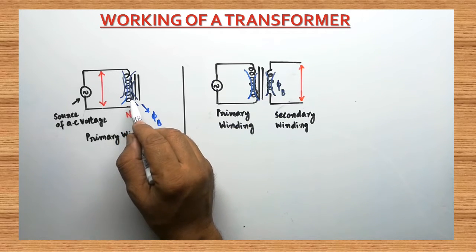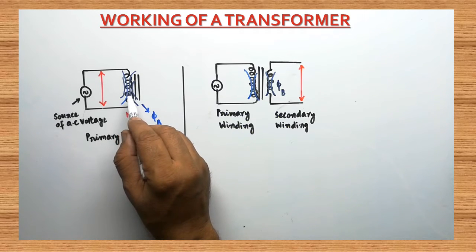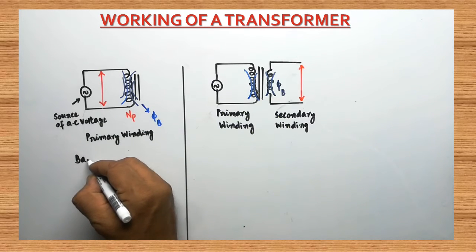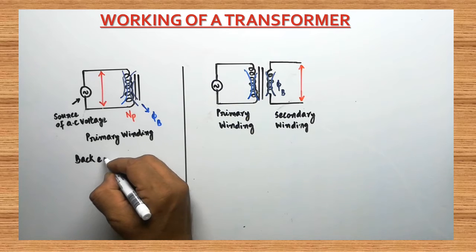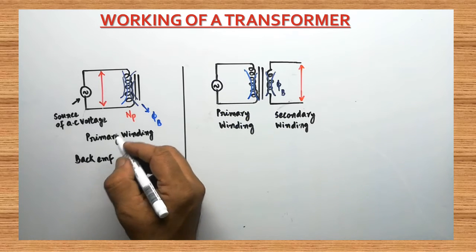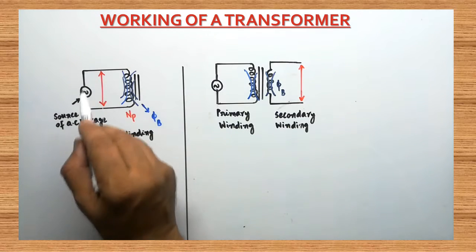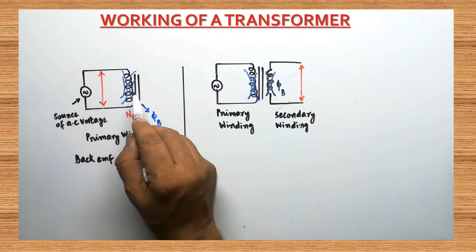That is called self-induction. Due to self-induction, what will happen? Within the coil itself, one more EMF will be created. That is called back EMF. So you are supplying the alternating voltage from the source. Current changes with respect to time.